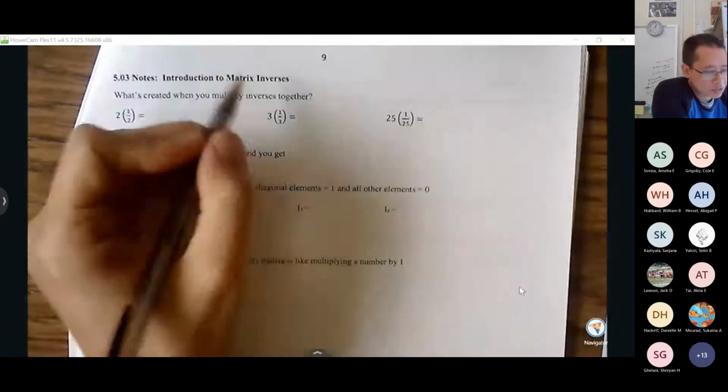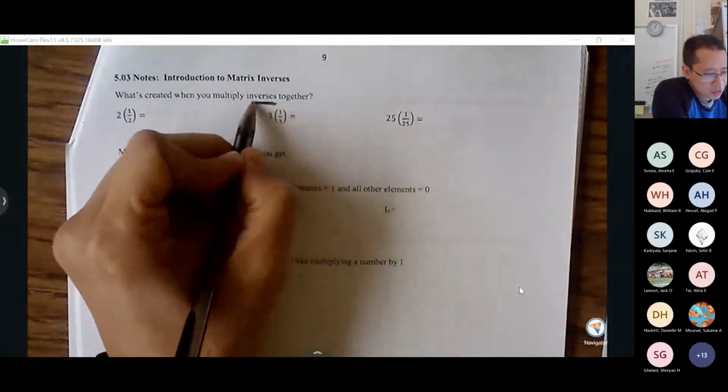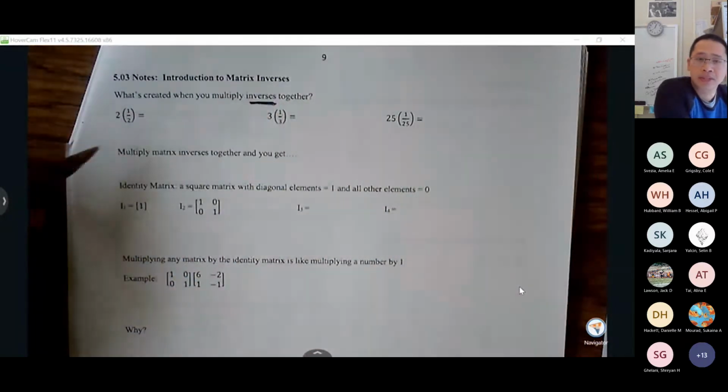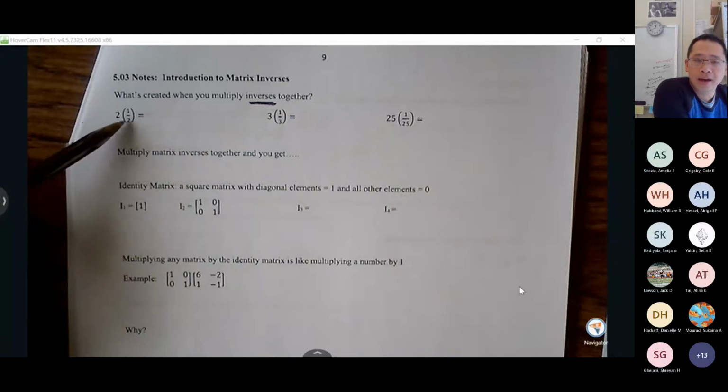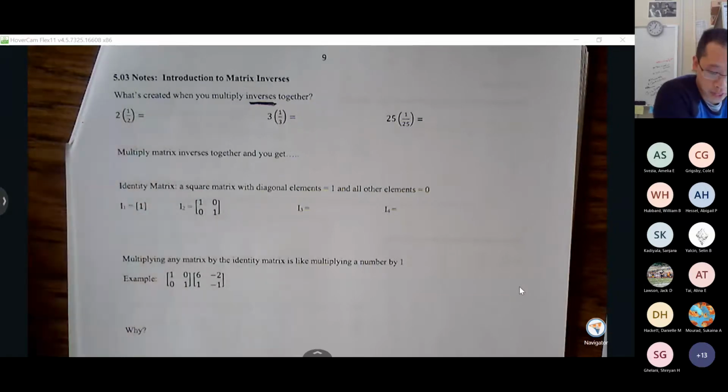So when we talk about inverses, it's basically reciprocals in terms of multiplication. Okay, so if we have the inverse of 2, which is really 1/2, the special relationship between an expression or value and its inverse is that they have a way of canceling each other out, right? 2 times 1/2 gives us what?